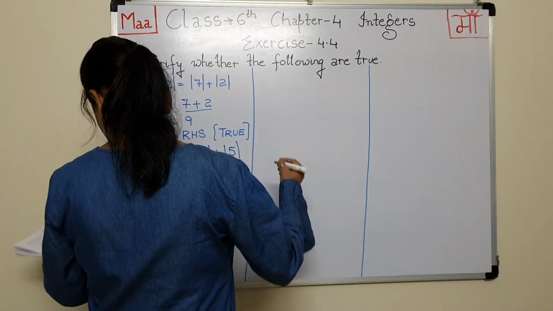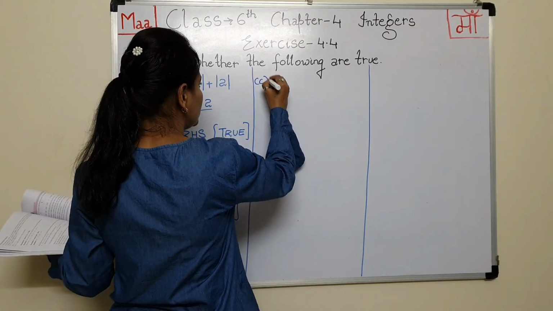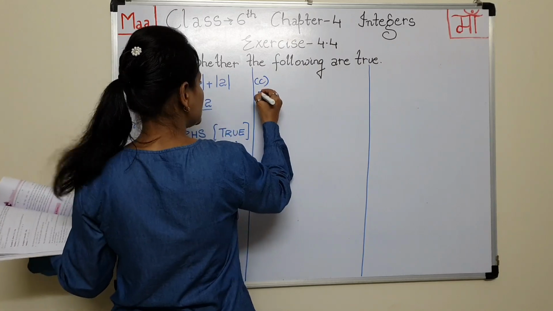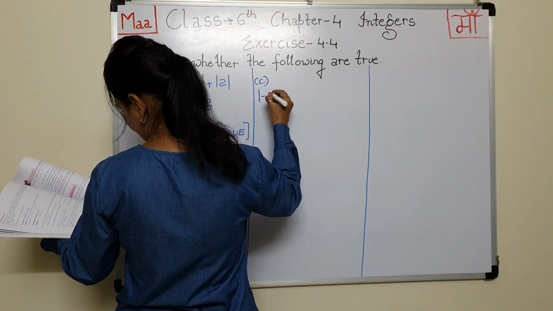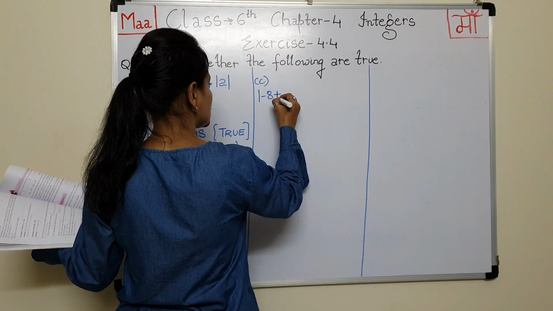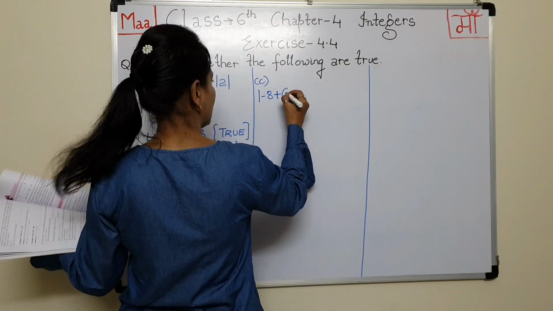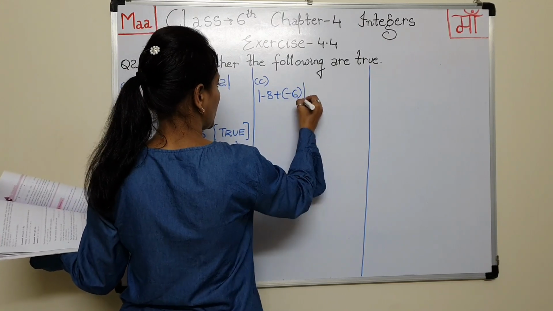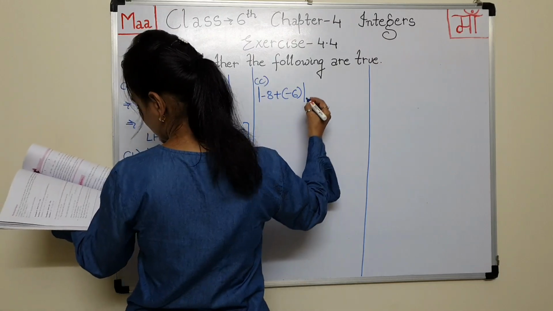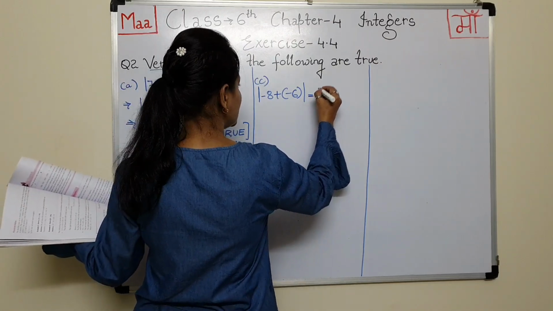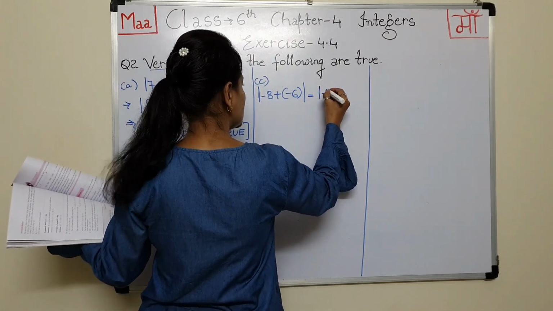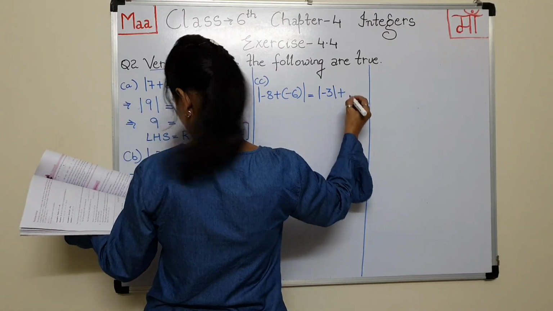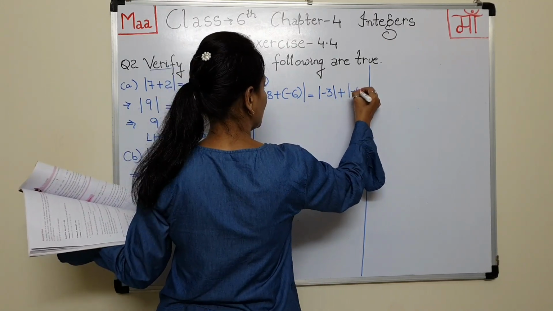Now C part. C part is towards the left hand side, it is minus 8 plus small bracket minus 6, small bracket close and the bar closed. Then towards the right hand side, it is minus 3 plus again in the bar minus 5.